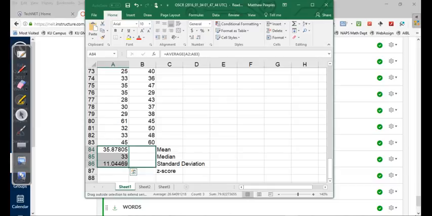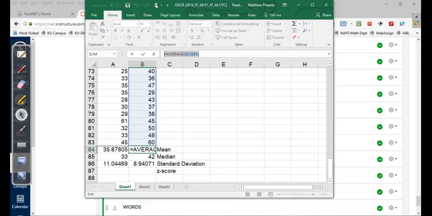You see a big heavy green outline go to both of those cells, and look at what happens. Our formulas have been copied, right? And so we're actually finding the average of our actors at 44.12, our median actor age of 42, and our standard deviation of 8.94. That's special, right? That saves us a lot of time.